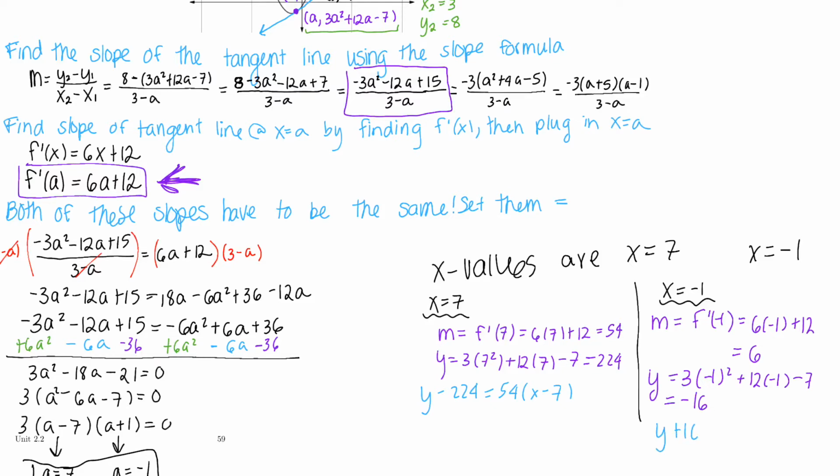So y plus 16 is equal to 6 times x plus 1. Without writing down all the steps of what this would be, this would come out to be y equals 54x minus 154.